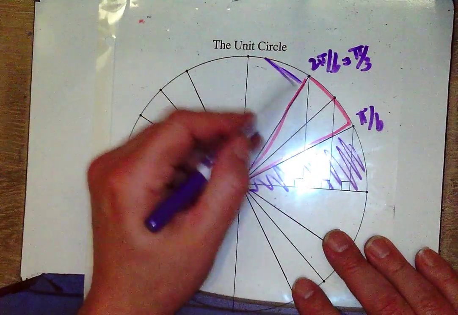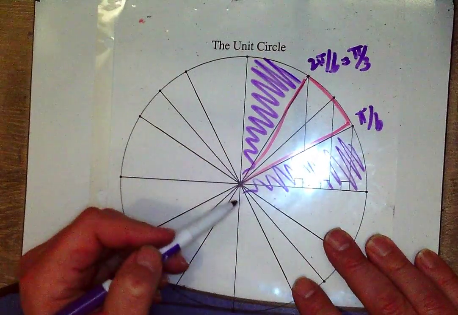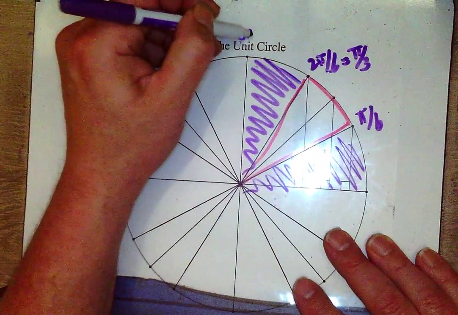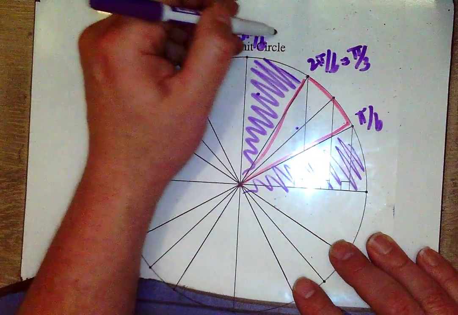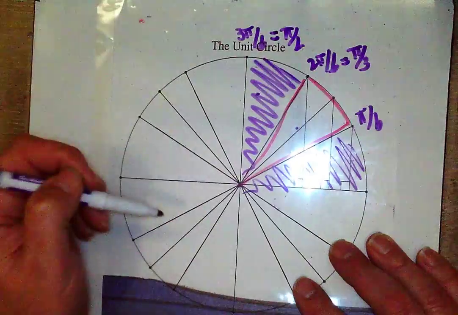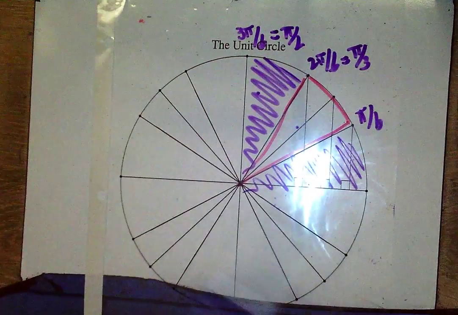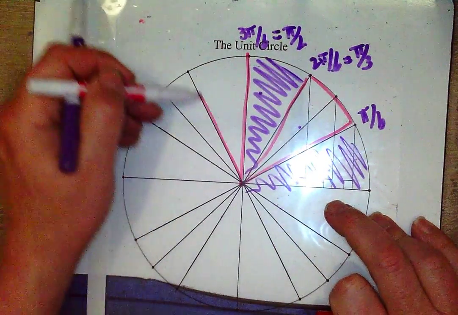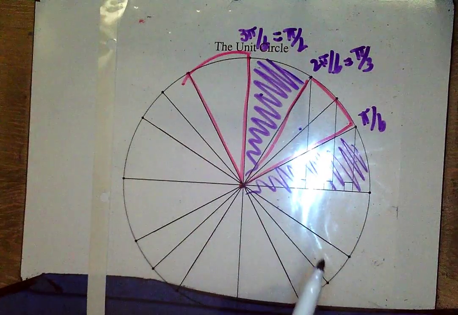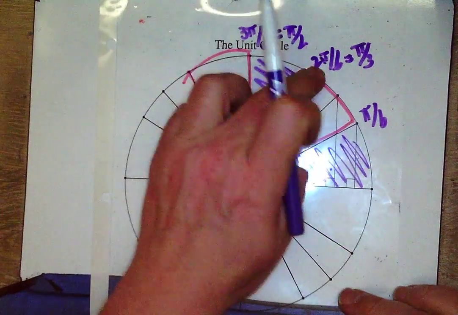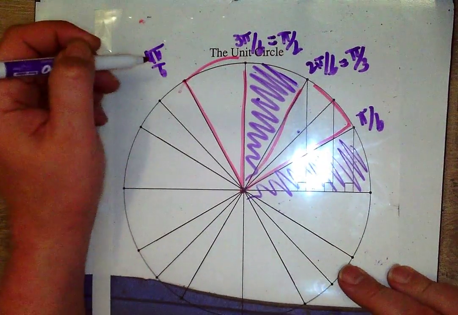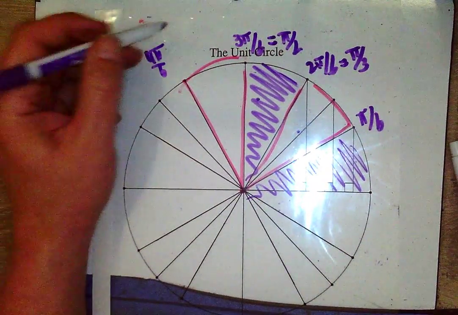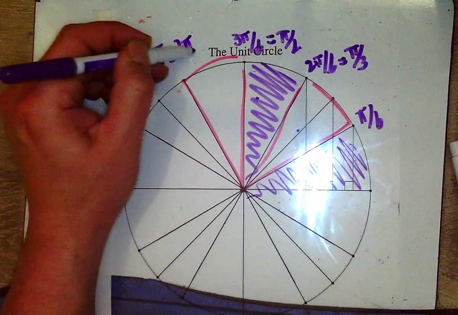And then I see another one of those here. So that's going to be 3 pi over 6's, right? 1 pi over 6, 2 pi over 6, 3 pi over 6. And that reduces to pi over 2. Here's another one. And so we were 1, 2, 3. This must be 4 pi over 6's. And that reduces to 2 pi over 3.